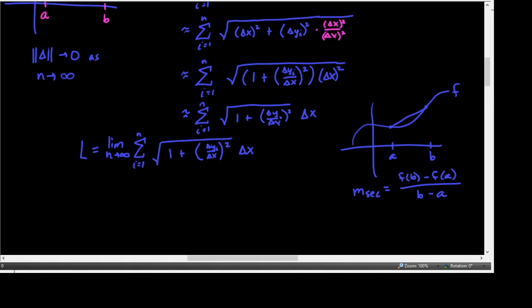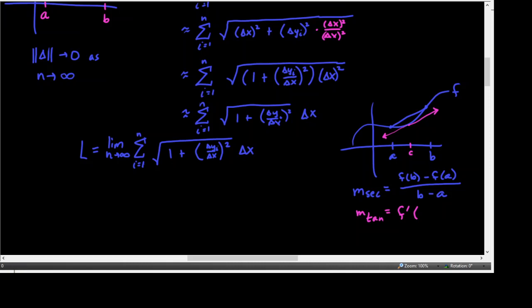Regular old slope formula. We're guaranteed by the mean value theorem that at least one place somewhere on this curve, the tangent line to the curve, for some point between a and b, will be a tangent that is parallel to that secant. And so we know that the slope of the tangent line is found using the first derivative, and we're going to call that x value between a and b, where this is guaranteed to exist, c.